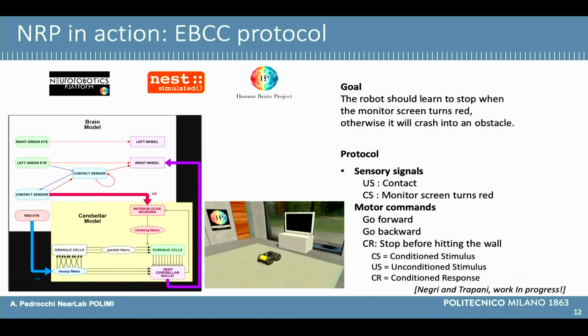But the main advantage is that we can embed very complex models developed in NEST. For example, here we have the eye blinking classical conditioning, the same as with the NAO using the shield, in the neurorobotic platform, where we have embedded the spiking neural network of the cerebellum.